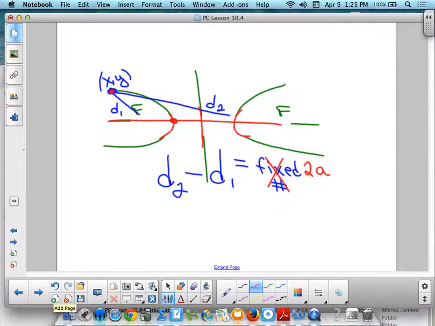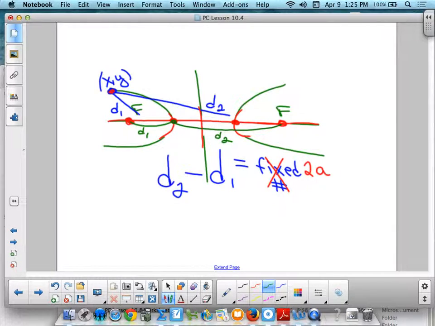I want this point. Here's your foci. Okay, would you tell me if I pick this point and call this distance 1 and call this distance 2? Okay, now help me.